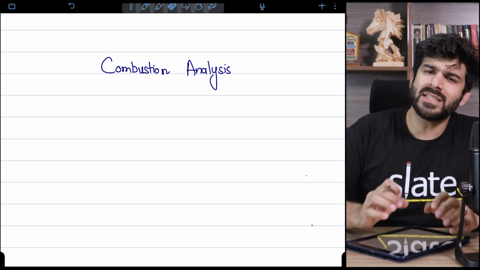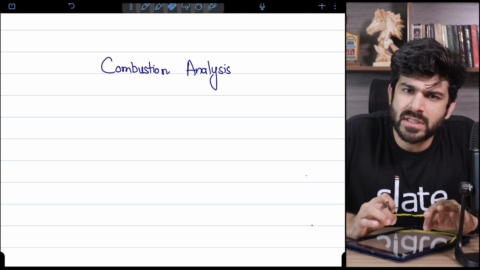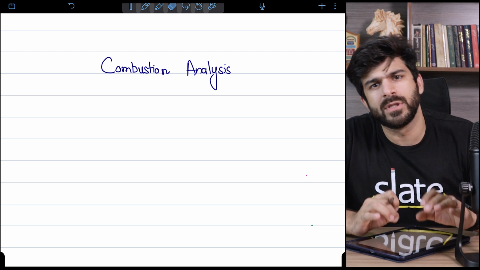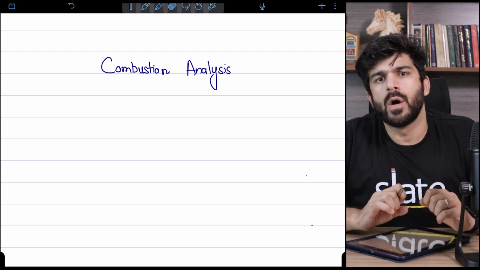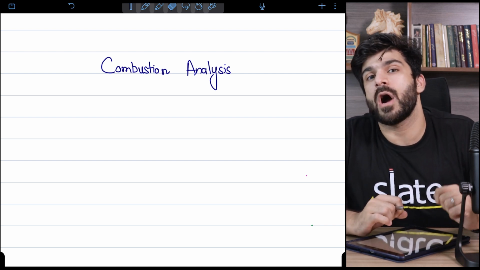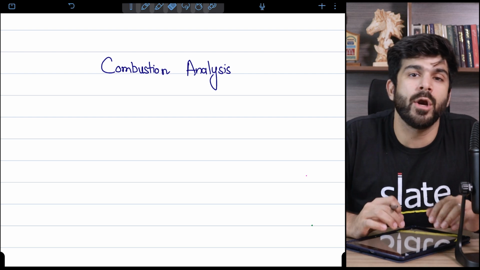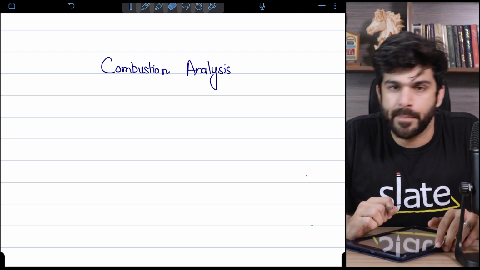But with this concept of combustion analysis, we can calculate the formula of an unknown hydrocarbon or an unknown organic compound.